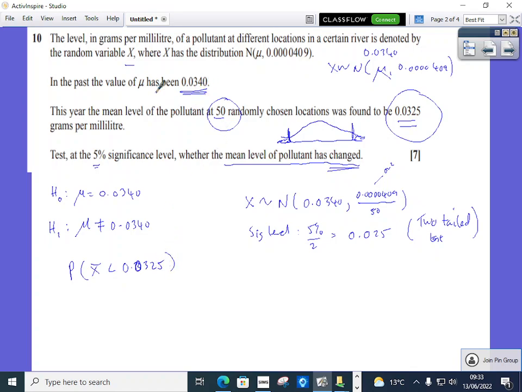Don't mix it up, loads of kids mix this up. That stays as it is. We want to know what our chances were of finding something that was that or less. We don't put less than or equal to; in normal distribution it's continuous, we just say less than, and it includes that.